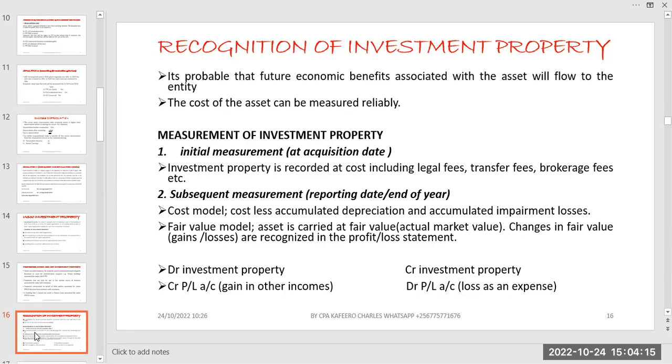Okay, this is how the standard says. IAS 40 says that we initially measure investment property at cost, and cost is very broad. We don't talk about the purchase price only. We incorporate other costs that are directly attributable to the asset.